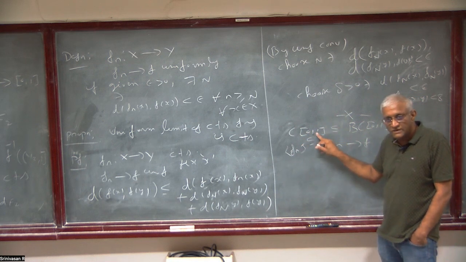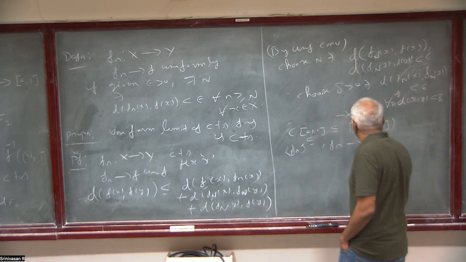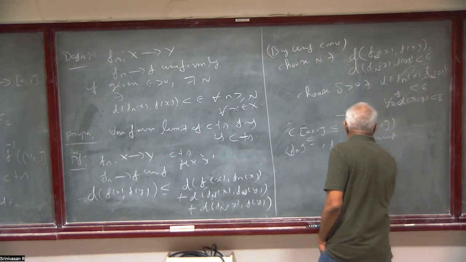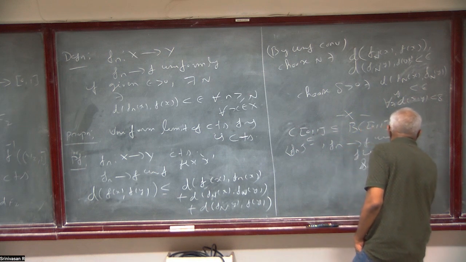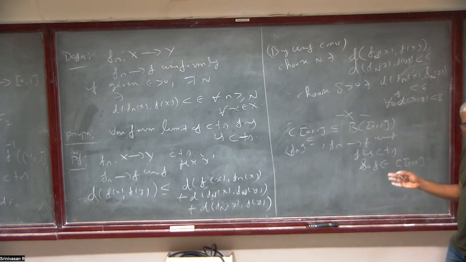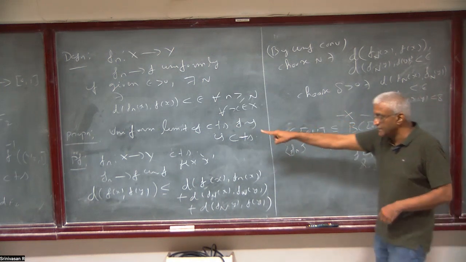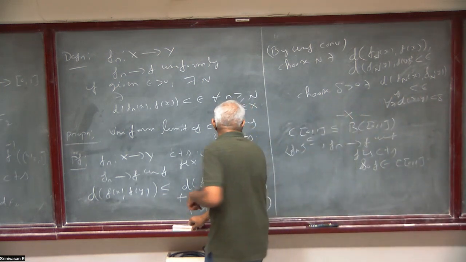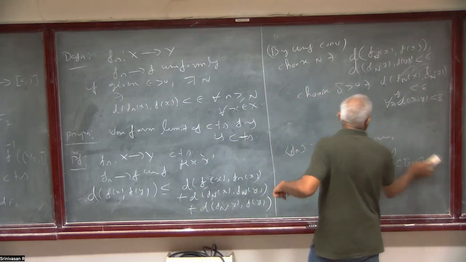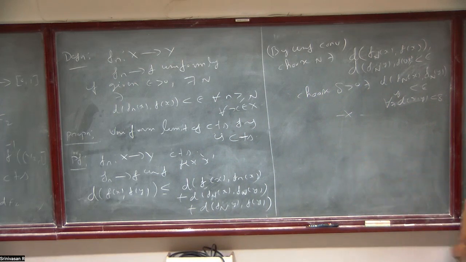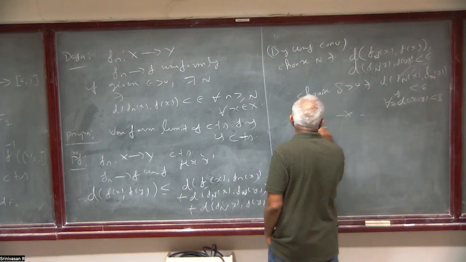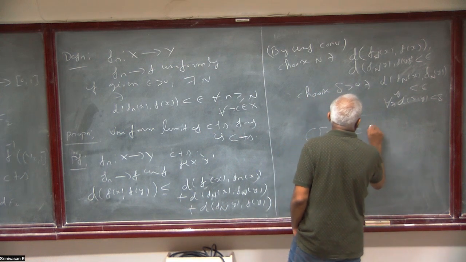If f_n converges to f uniformly, then f is continuous. So f is in C[0,1]. That's all. This is just a remark; there is really nothing to prove. So C[0,1] contained in B[0,1] is closed.